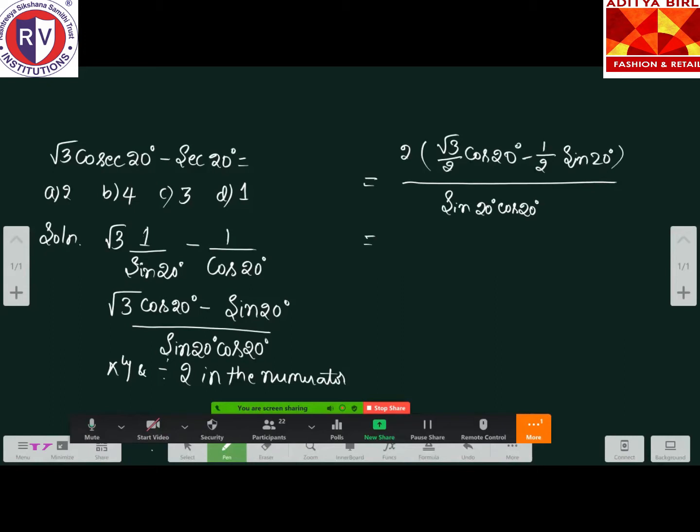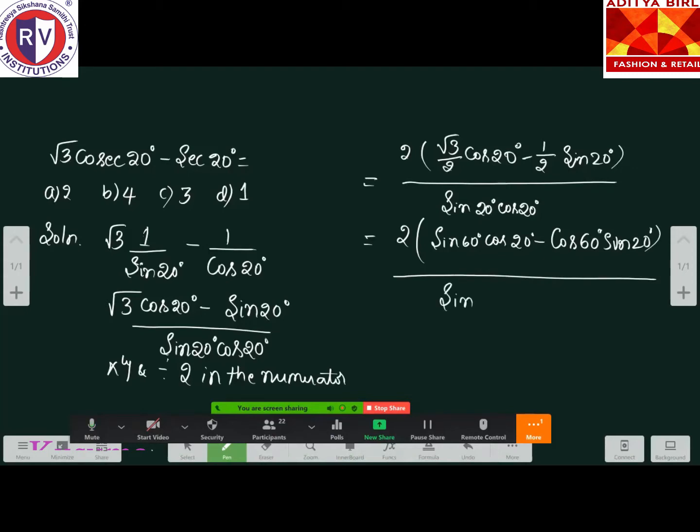Now, you know root 3 by 2 is replaced by sine 60 degree. So this is sine 60 into cos 20 degree minus cos 60 degree into sine 20 degree. The denominator is as it is.